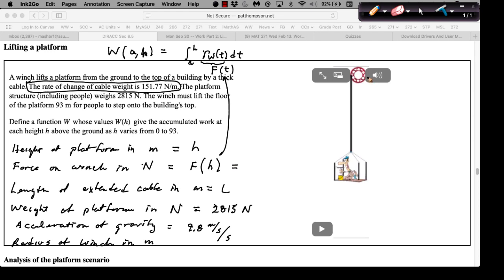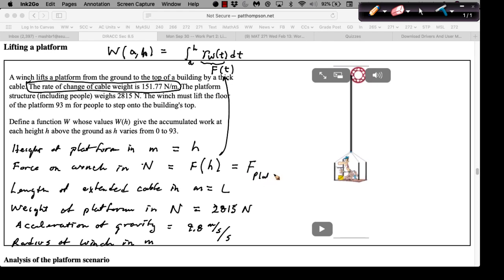Where does the force come from on that winch? The platform is going to put how much force on the winch? So it's going to be the force from the platform.